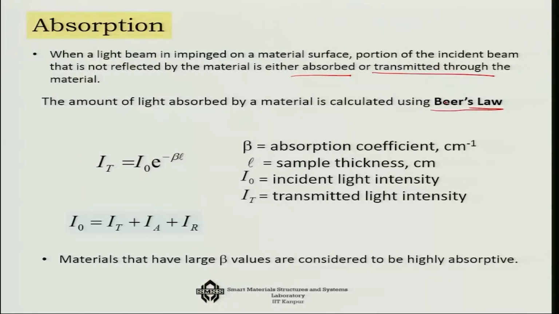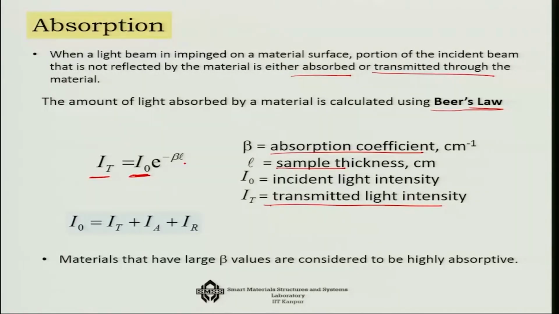So, here IT is the transmitted light intensity and I0 is the incident light intensity. Suppose you know the absorption coefficient beta and a sample thickness L, then the transmitted light intensity is I0 e to the power minus beta L.